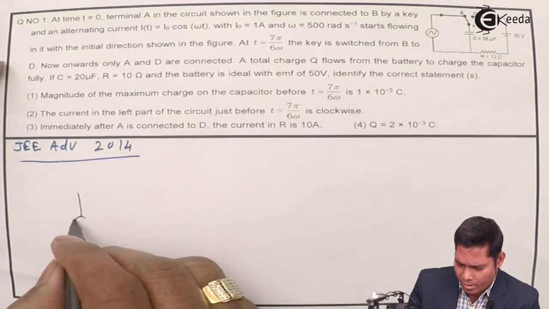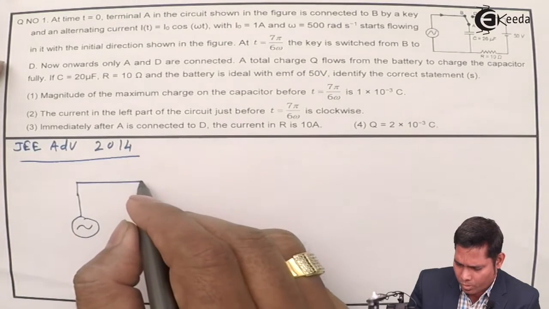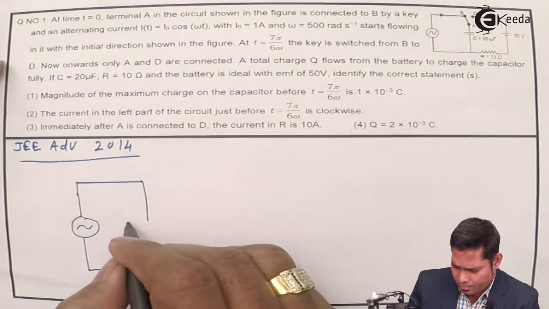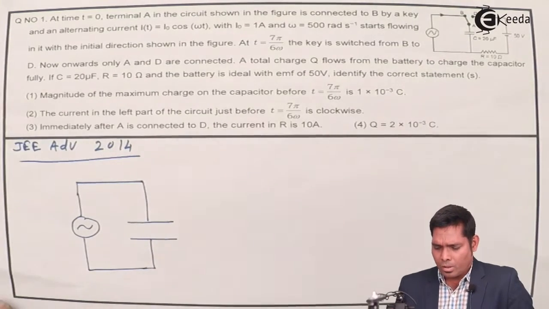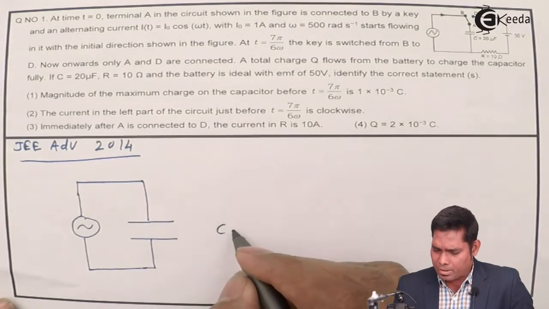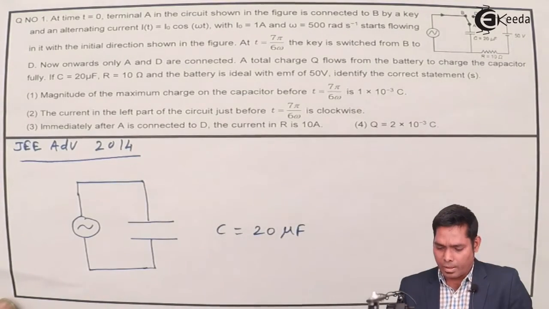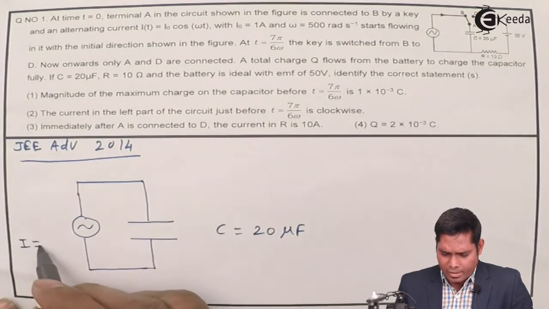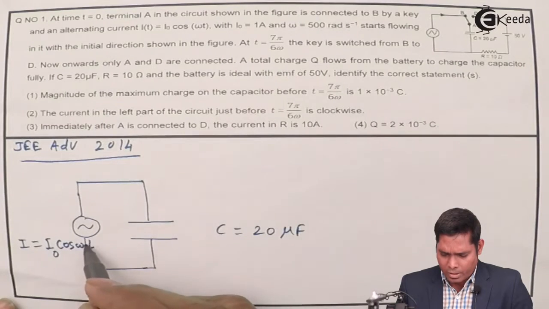There is an alternating current which is provided to the capacitor. This is the capacitor, which has capacitance 20 microfarad. The current that is given is alternating in nature, and that is I naught cos omega t.